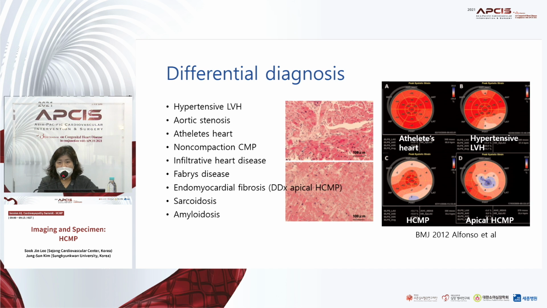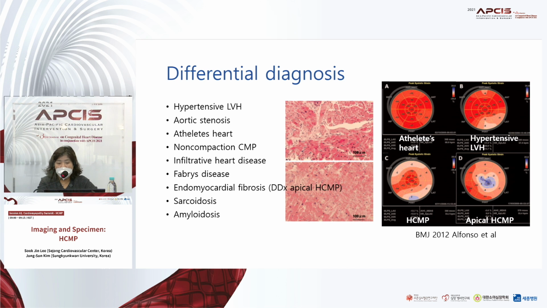But there are other diseases that can cause LVH other than sarcomeric mutations. So we have to differentiate hypertensive LVH, aortic stenosis, athlete's heart, non-compaction cardiomyopathy, and other infiltrative heart diseases such as Fabry, sarcoidosis, amyloidosis, and endomyocardial fibrosis.